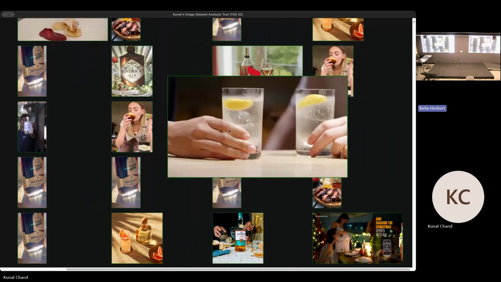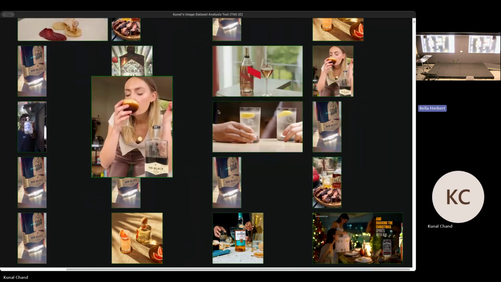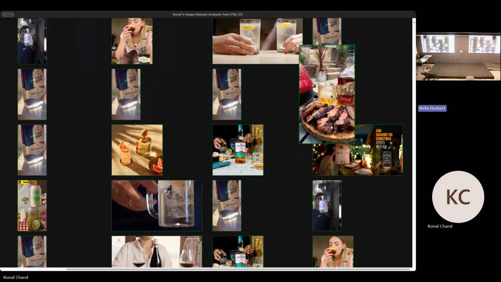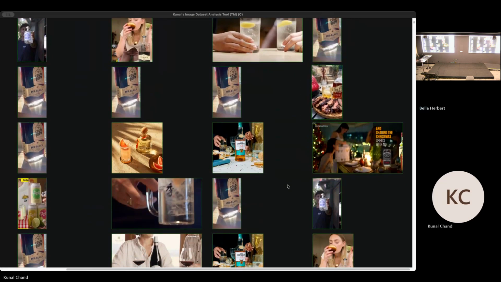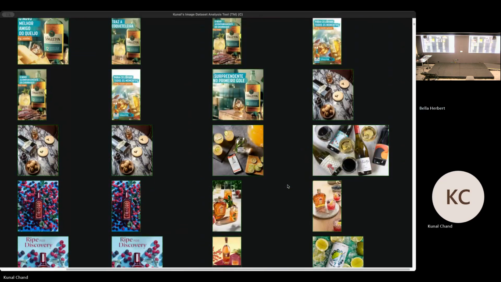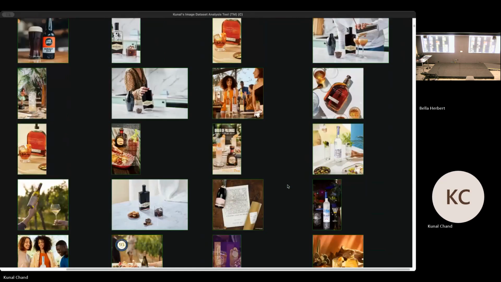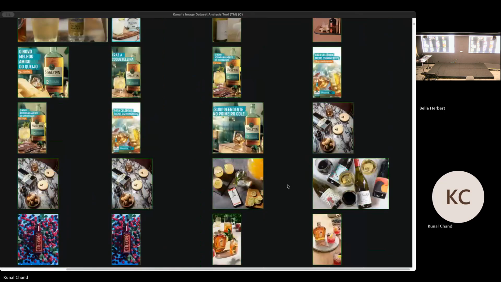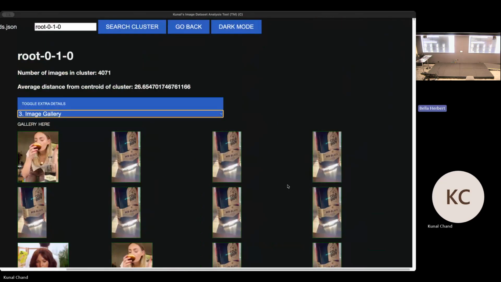There's hands, glasses, hands, glass, just the glass. Then this one stands out, but it's still got a bottle there, still got a glass there.